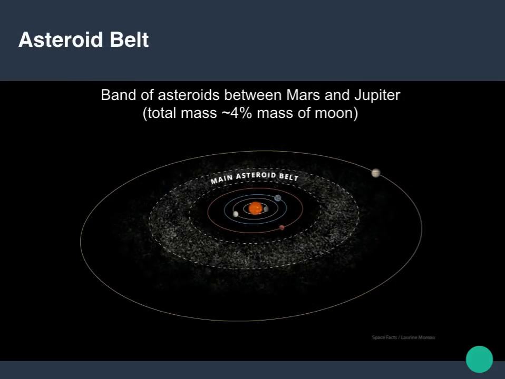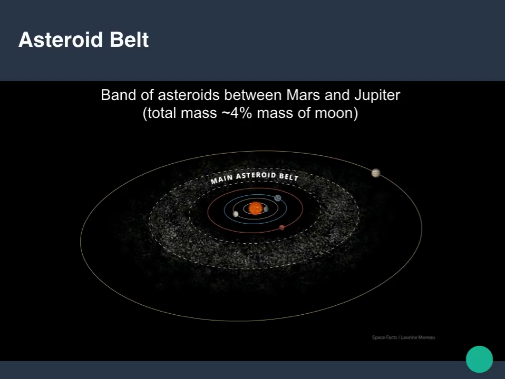So there are several places where we find asteroids in our solar system. The most common is the main asteroid belt, and this is between Mars, which is this little red line right here, and Jupiter, which is this kind of yellowy orange line here.